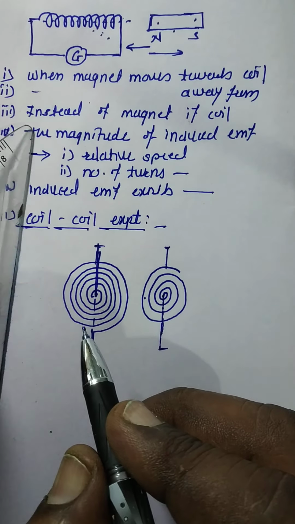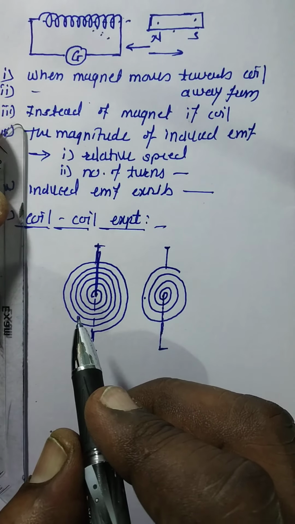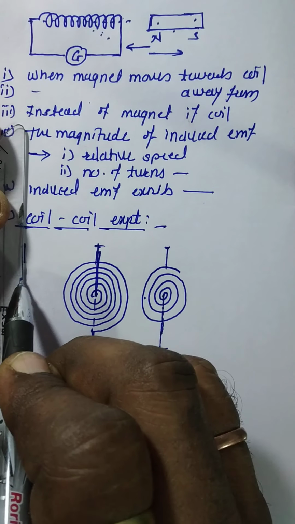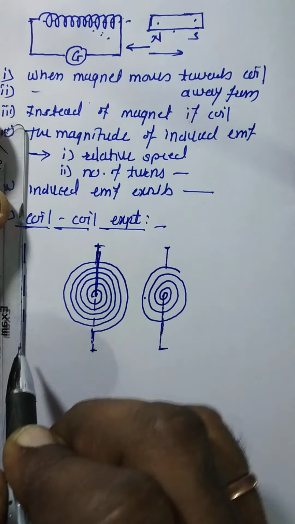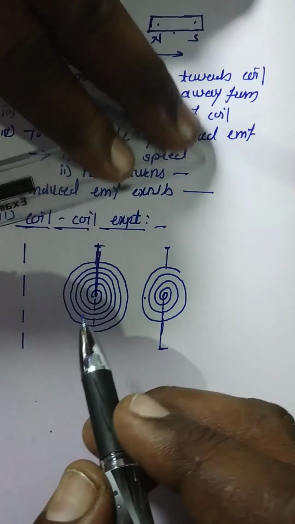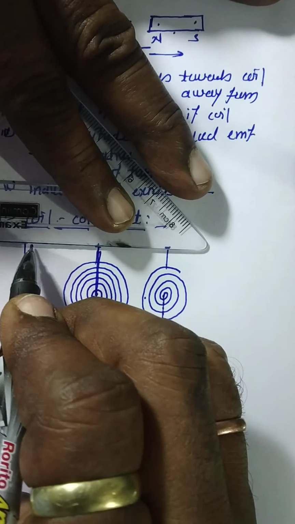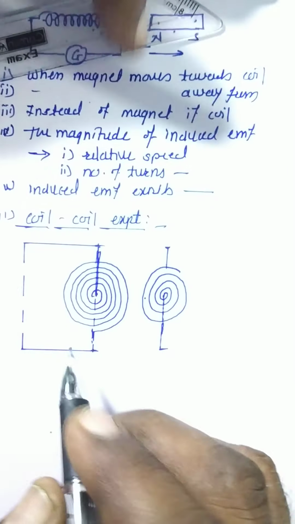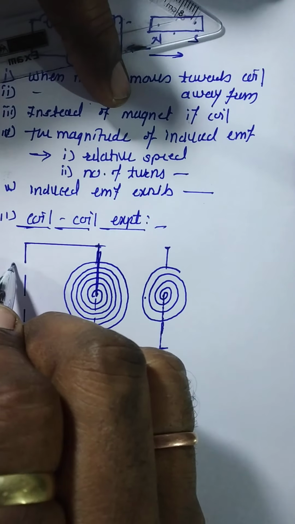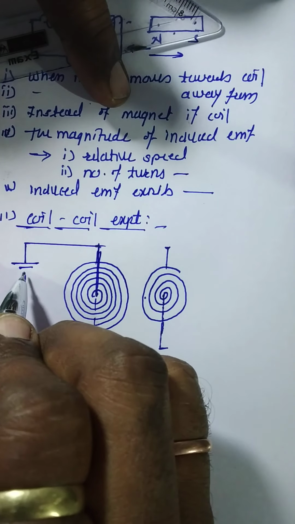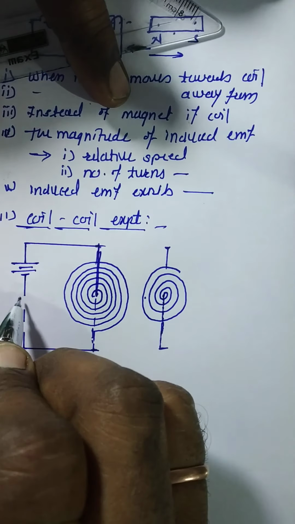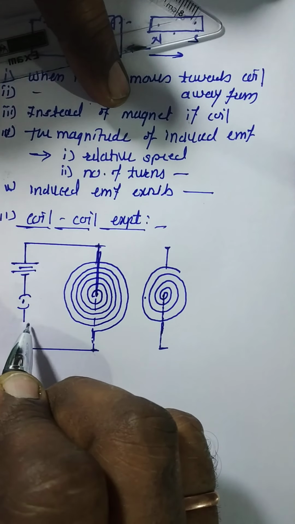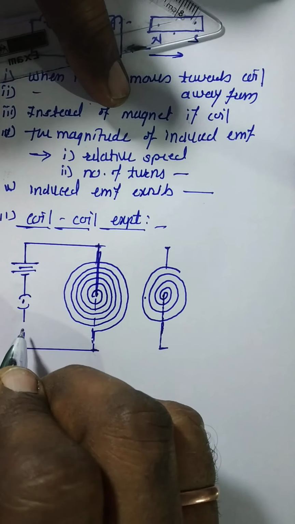One coil is connected in series with a cell, plug key and rheostat.